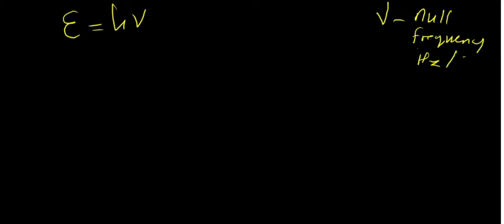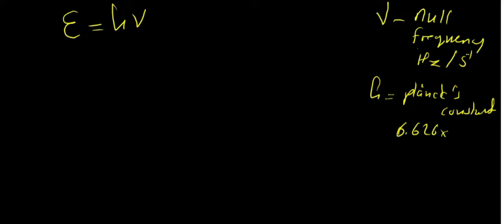or in per second. And then our Planck's constant, since it is a constant, it is 6.626 times 10 to the power negative 34 joule second.